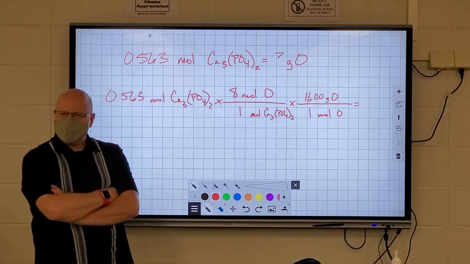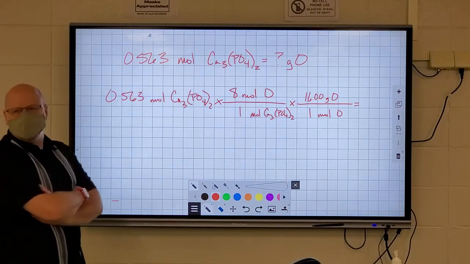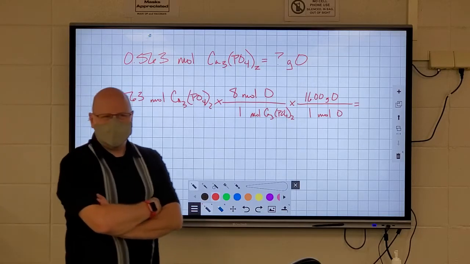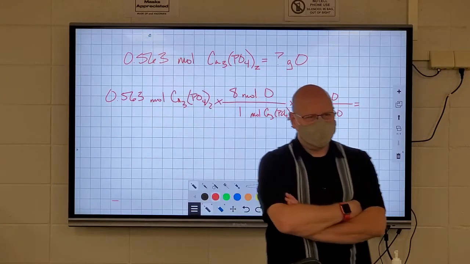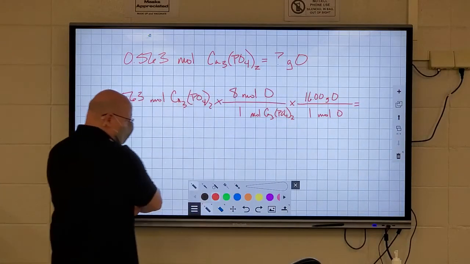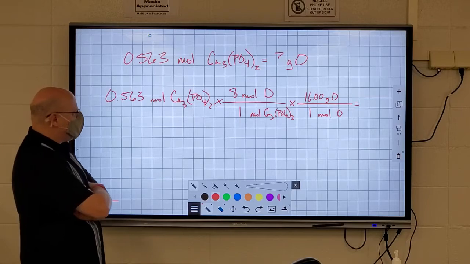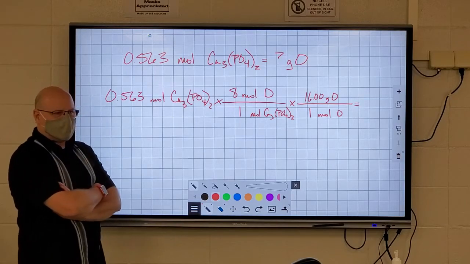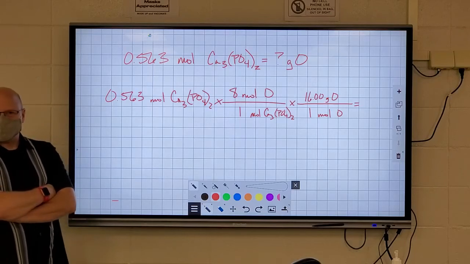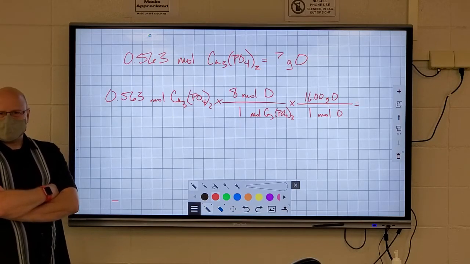Are we doing significant figures? Always. And are we doing scientific notation? Always. We're doing assignment management. Yes. Are we doing the 686?